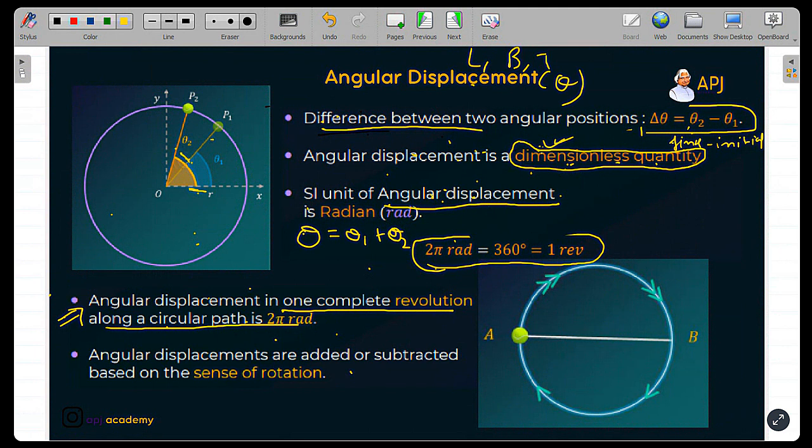Suppose θ2 is the angle traveled by the particle in coming from point P1 to P2. So now at point P2, I ask you, what is the total angular displacement from x? You will say, sir, total angular displacement will be θ1 plus θ2.